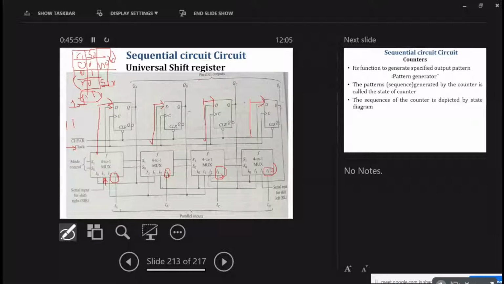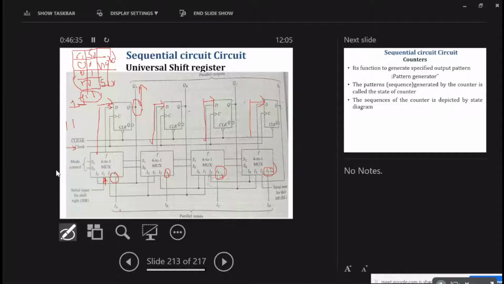So this is the parallel input information, because once the clock pulse comes, it will immediately be transferred to the output terminals of those individual flip-flops. The output terminals of the individual flip-flops are connected with some wires, and with those wires we can take the parallel information as output.